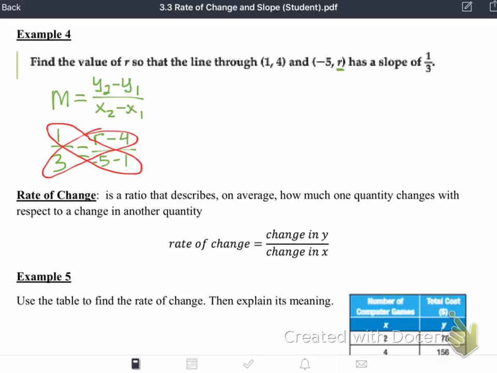And so when you cross multiply, you get on one side 1 times -5 minus 1, which is -6. So 1 times -6. And on the other side, you have 3 times r minus 4. Take a moment to evaluate that.